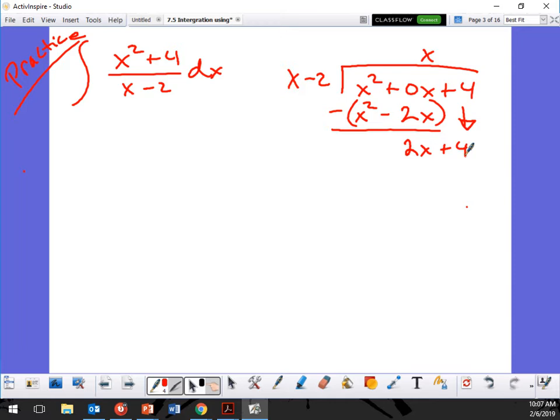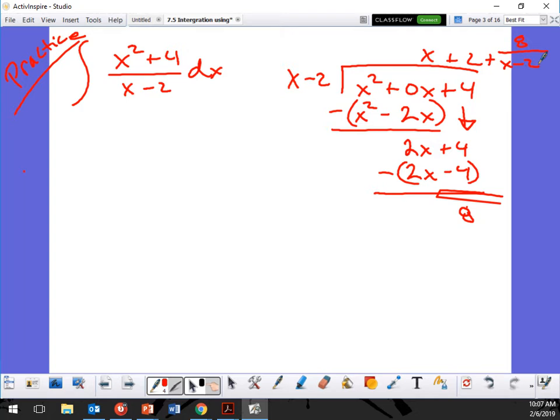Then I'm trying to match this one again, so it's going to be a plus 2. That gives me 2x minus 4, parentheses around that, subtract. That's going to give me 8. So my remainder is 8, so it's going to be plus 8 over x minus 2.